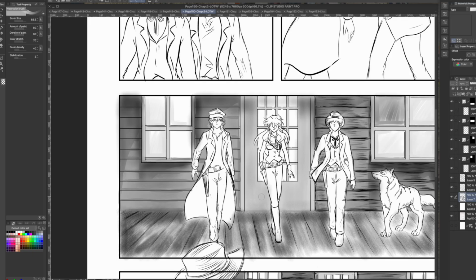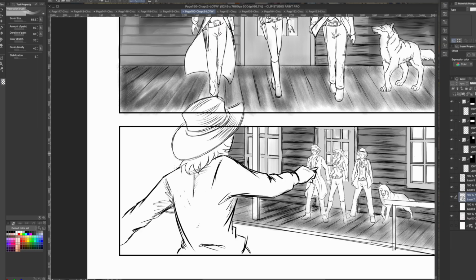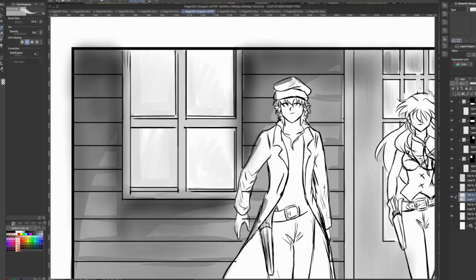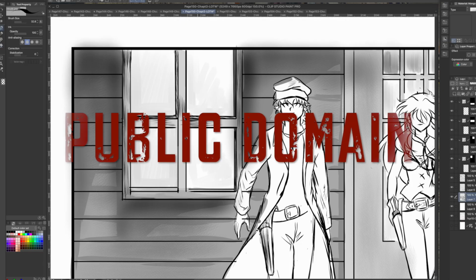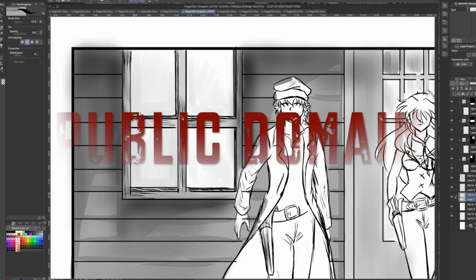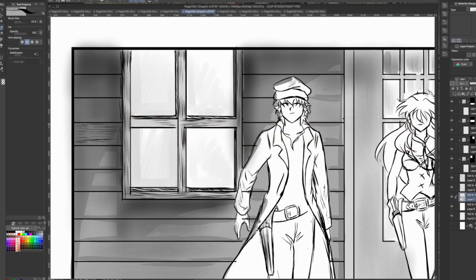First rule: before you start to create a story with an already existing character that someone else created, you have to make sure they're in public domain. Anything written before 1929 is in public domain.